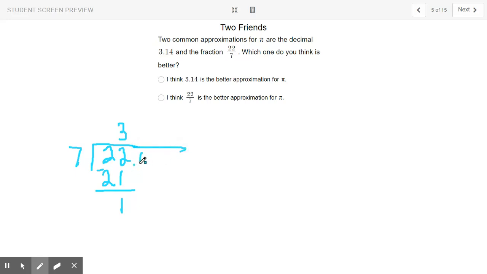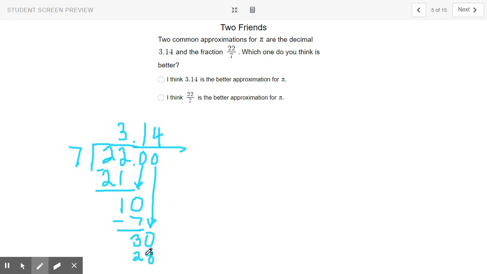I'm going to put a 0, drop it down. Okay. Now, I know that there needs to be a decimal here. And I also know that 7 goes into 10 once. And when I do that, I'm also going to have a leftover. So I'm just going to keep doing my division. Okay, I know this would be 4 because 4 times 7 is 28.